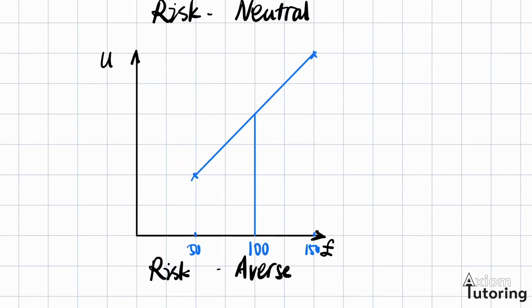But since this individual is risk averse, taking this gamble is no longer the same as taking 100 for certain. It is now worth less than £100. In other words, this risk averse individual is going to gladly take a monetary value that is less than 100 rather than taking this gamble.